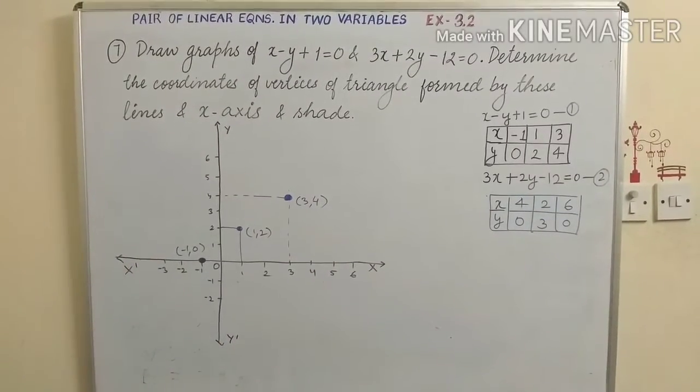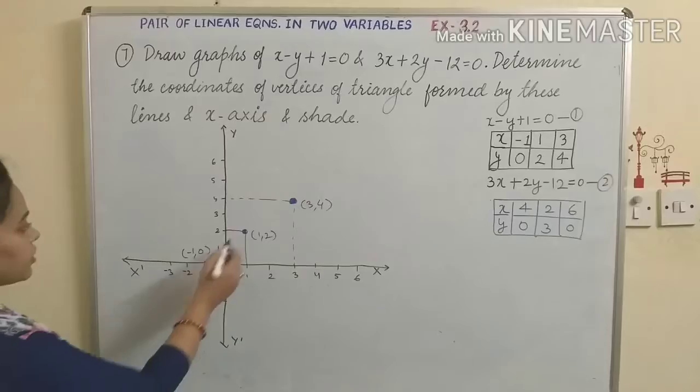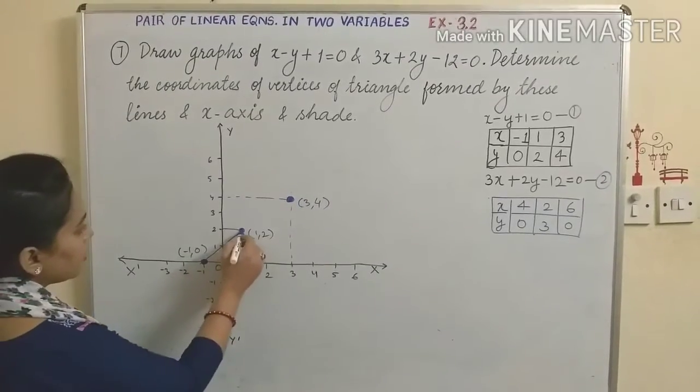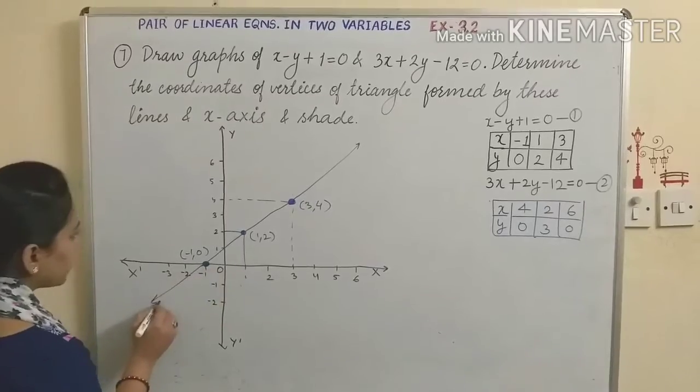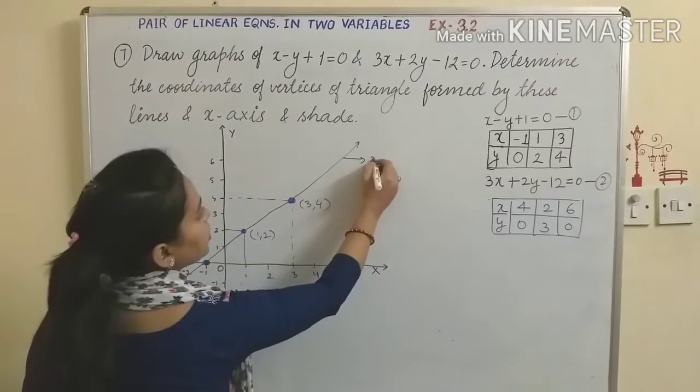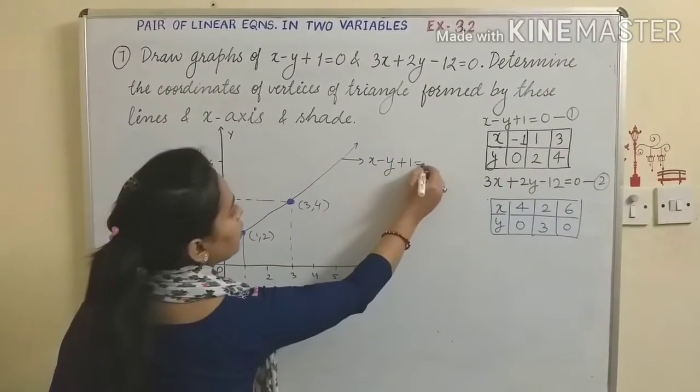So we have plotted all the 3 points of the first line. Let us join these. This was our first equation, x minus y plus 1 equal to 0.